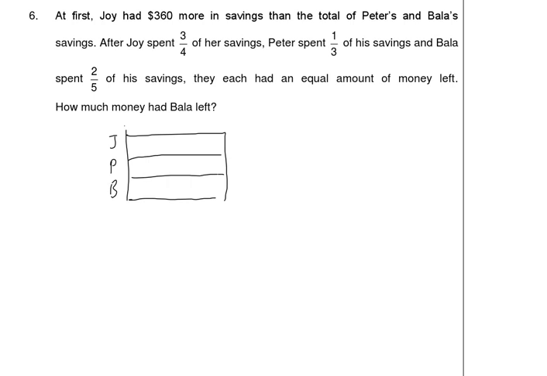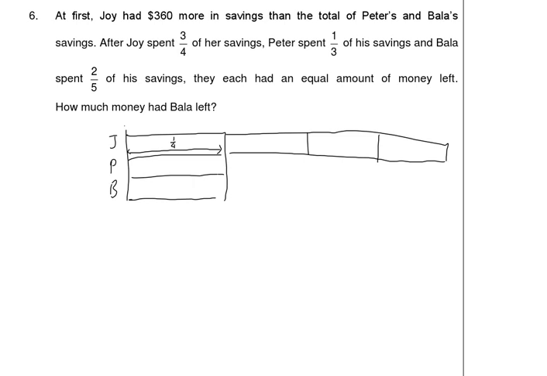Okay. So we know that this part is actually 1/4, right? From here to here is 1/4. So I want to draw out one whole. Now Peter spent 1/3 of his savings.